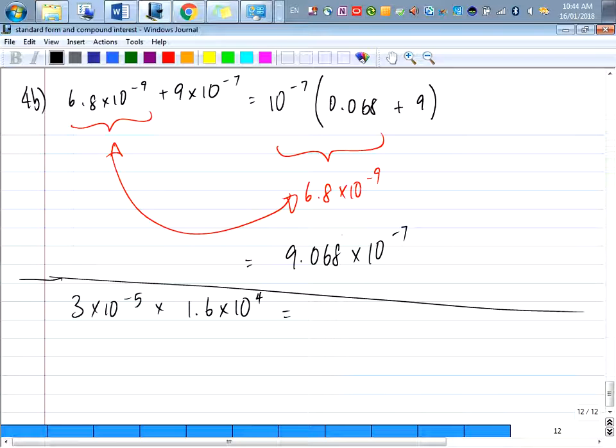Those of you who know it already, work on it. Yes, this is 10 to the power 4.